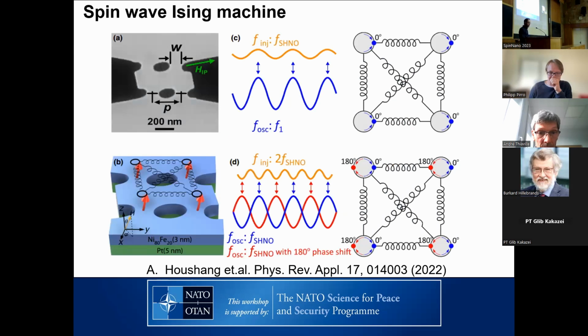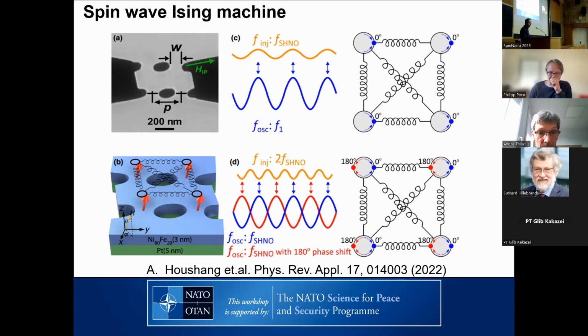So I will tell briefly about quite novel, 2022 results, a spin wave Ising machine using spin Hall oscillators. This is a result by a Swedish scientific group.